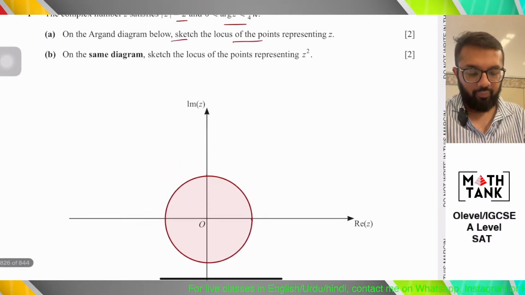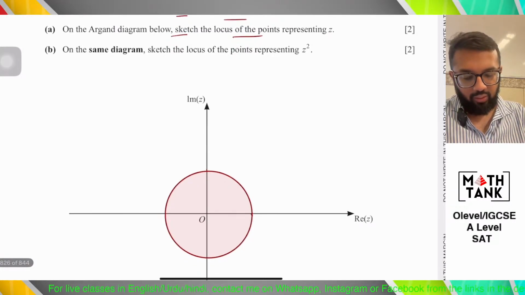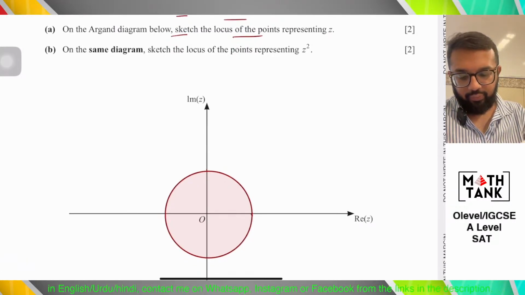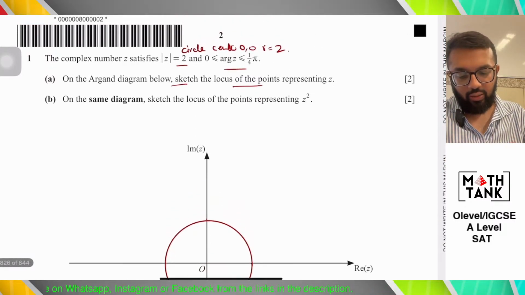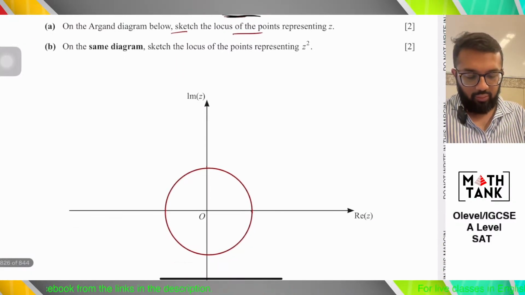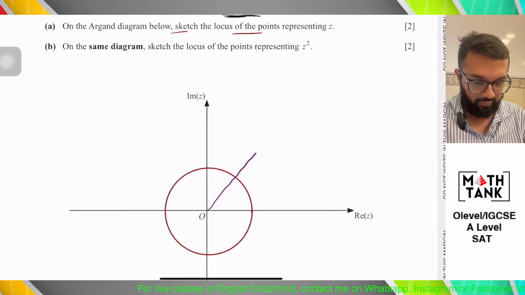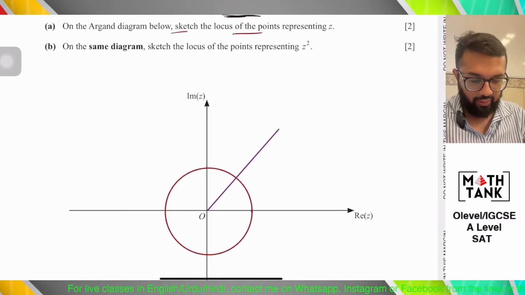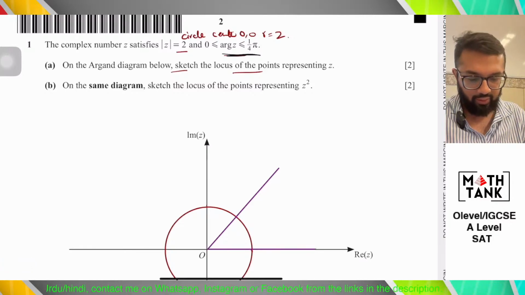Now this shouldn't be shaded. Since I don't have a protractor on my iPad, I will draw an approximate line using just a 45-degree angle. You will measure 45 degrees from here. There needs to be one line at 0 and the other has to be at 45. So it should look something like this.